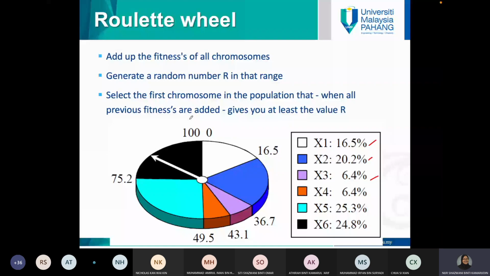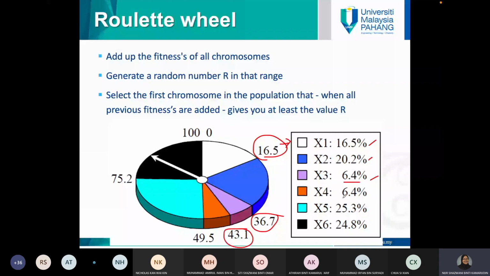So for this one, we started at 16.5, which is the fitness value for X1. Then you add X1 with X2, so 16.5 plus 20.2 gives you a new value of 36.2. Add X3, which is 6.4, gives you 43.1.